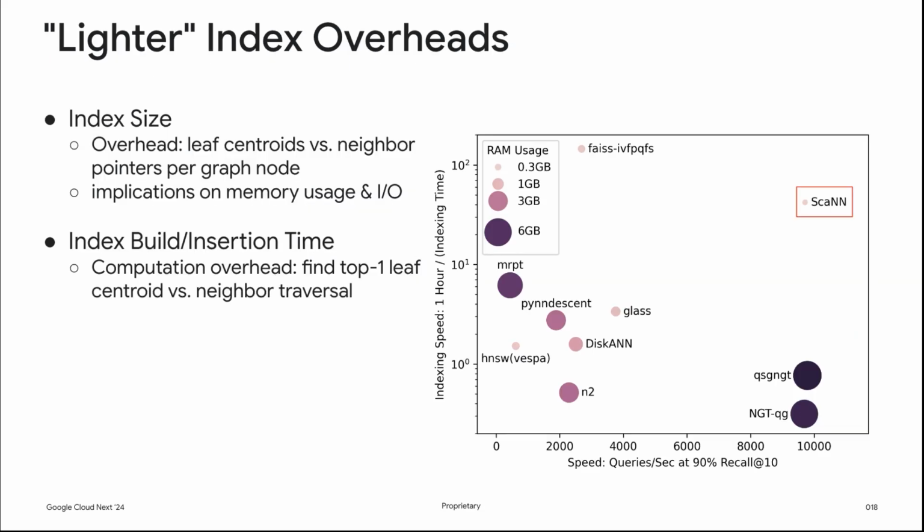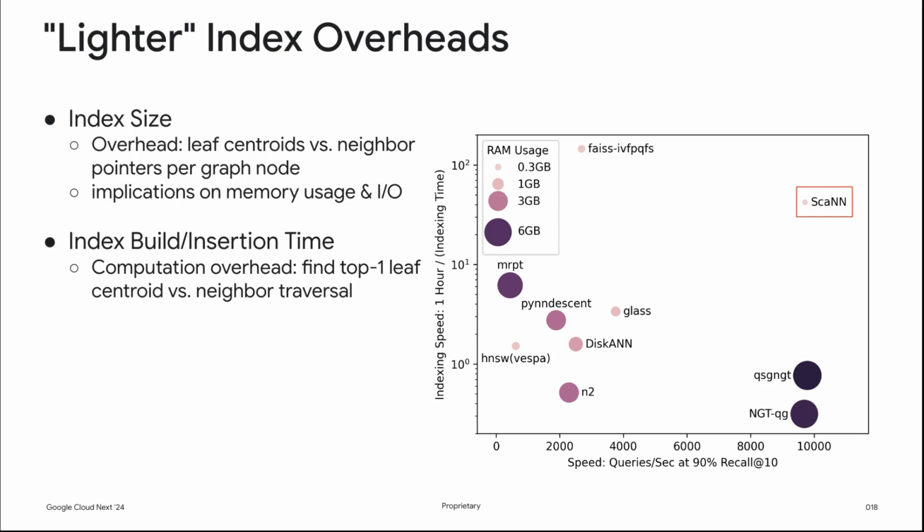What is also expected here is that you're going to have lighter index overheads, that is smaller memory as well, and generally faster write time, much faster index build time, much faster insertion time.